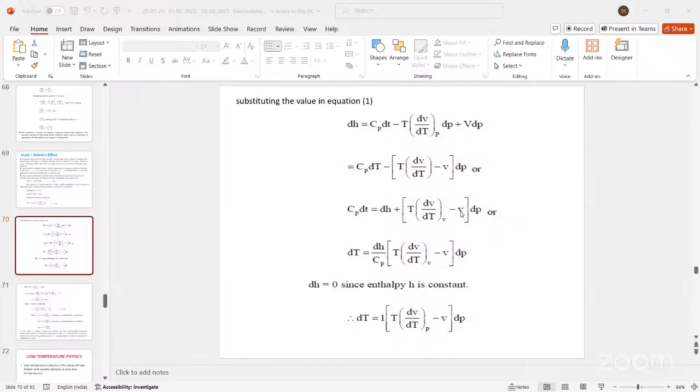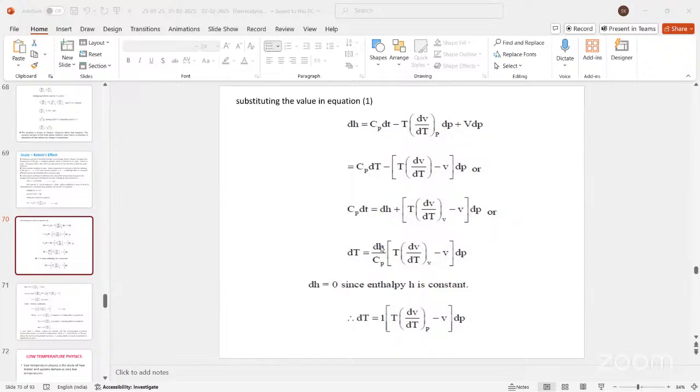From this equation we will get dT equals dH by Cp, into T dV by dT, and here V. Why is V coming here? Minus V dP.